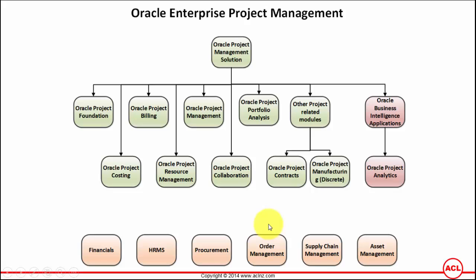So you go and book a sales order and you give a reference of the project that you have created over here and the task number, and then you book that order and it automatically generates a service contract in service contracts module.